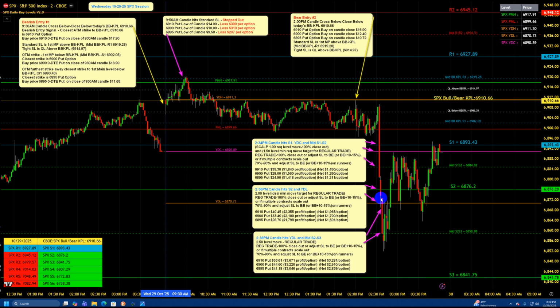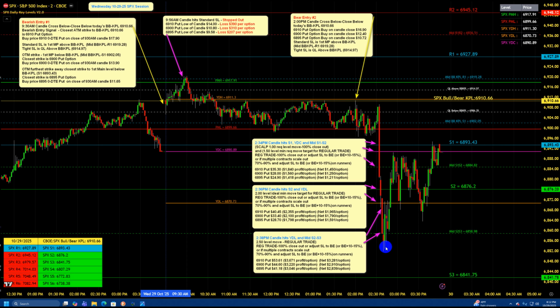But it did bounce off of YDL, but in the next candle, as you can see, it goes right back down, it slices right through YDL again, and it goes all the way down to just touch and barely close below the mid S2, S3 level.